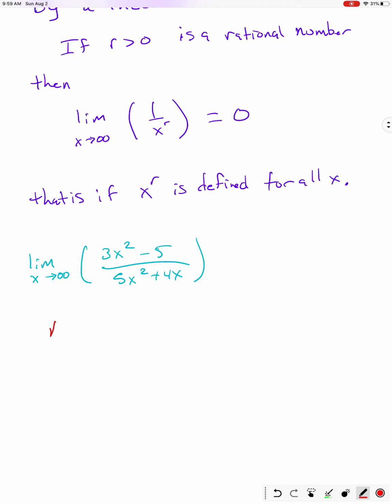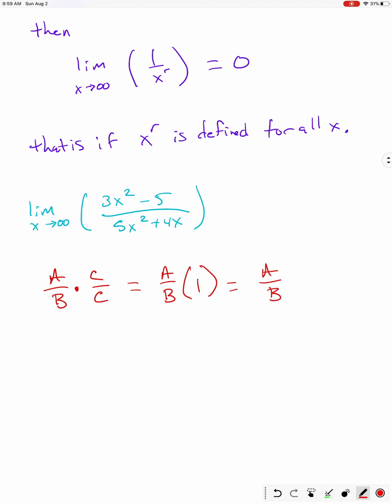So remember something in mathematics. If I have a over b and I multiply both top and bottom by the same number, so c over c, I'm really multiplying by 1, right? A over b is being multiplied by 1. It's just a strange looking 1, and so it doesn't change its value. So what I want to do is pick a 1 to multiply both top and bottom of this rational expression.